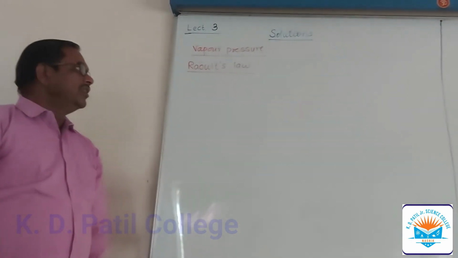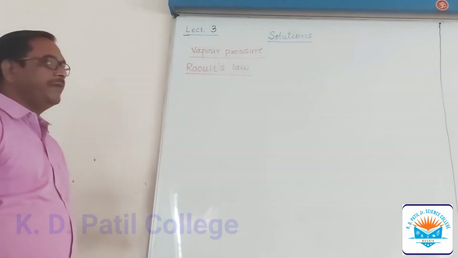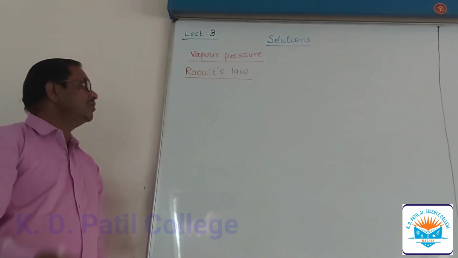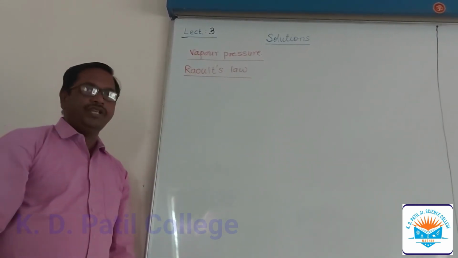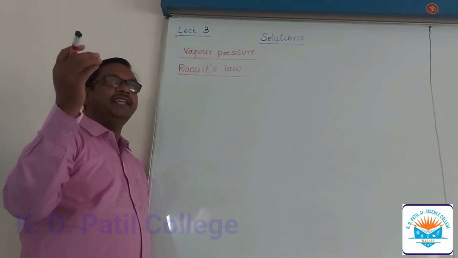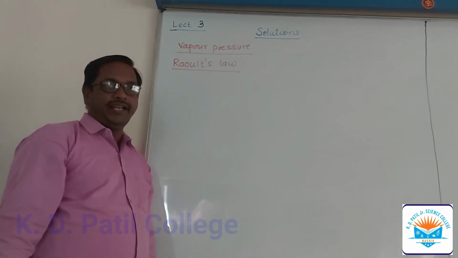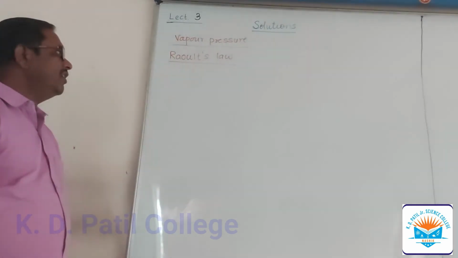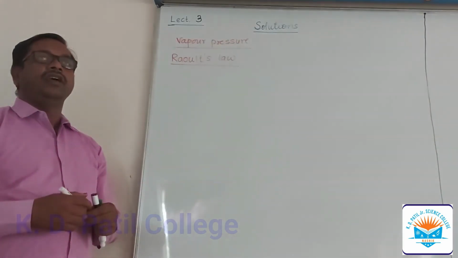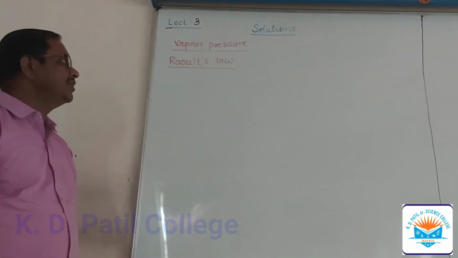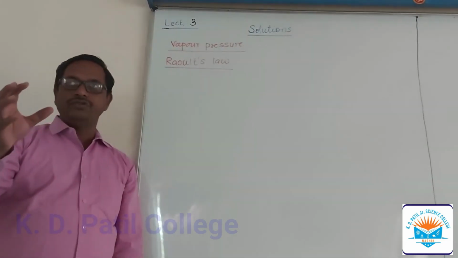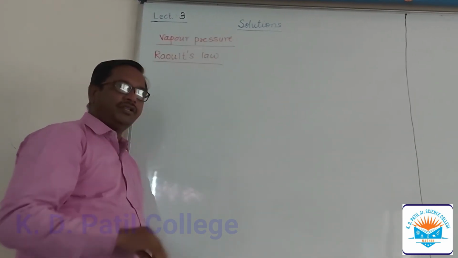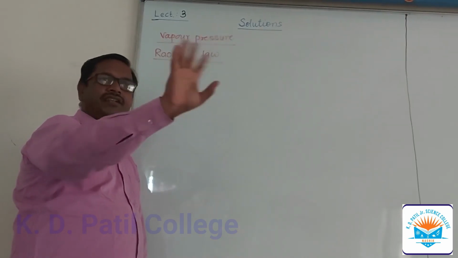Now, among the factors affecting the vapor pressure of liquid is the nature of liquid. There are two liquids, one is the volatile liquid and the other one is the non-volatile liquid. Now what about Raoult's law? According to Raoult's law, when a solution is formed, solute is dissolved in solvent and the solution is formed.